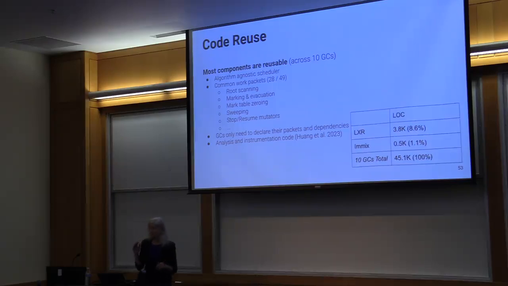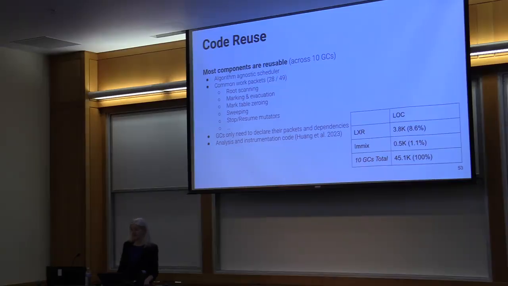So 10 GCs in MMTK take up 45K lines of code, which is less than some of the monolithic implementations, and only a few lines more than a lot of the collectors.